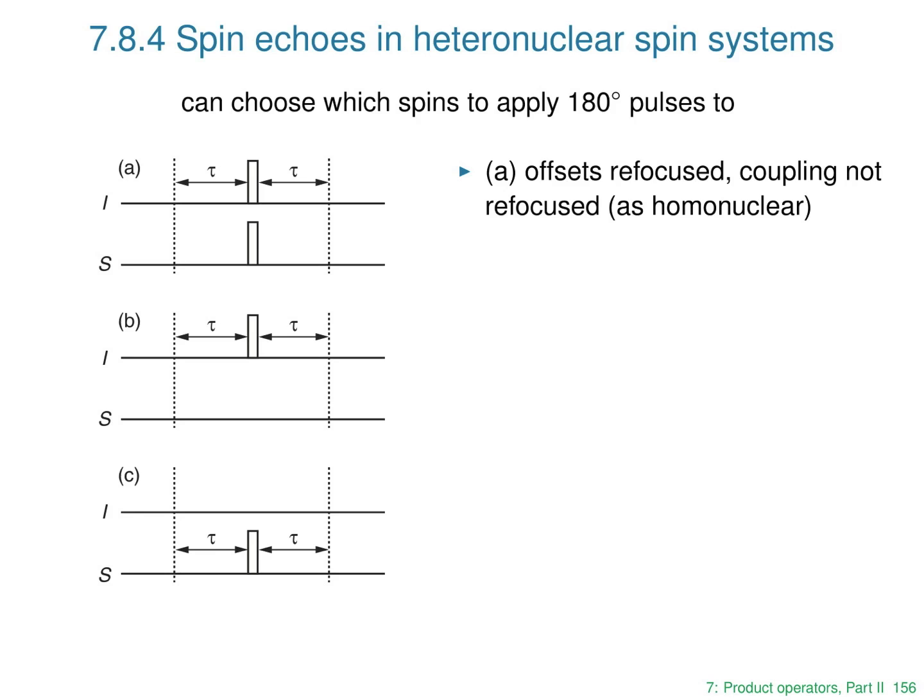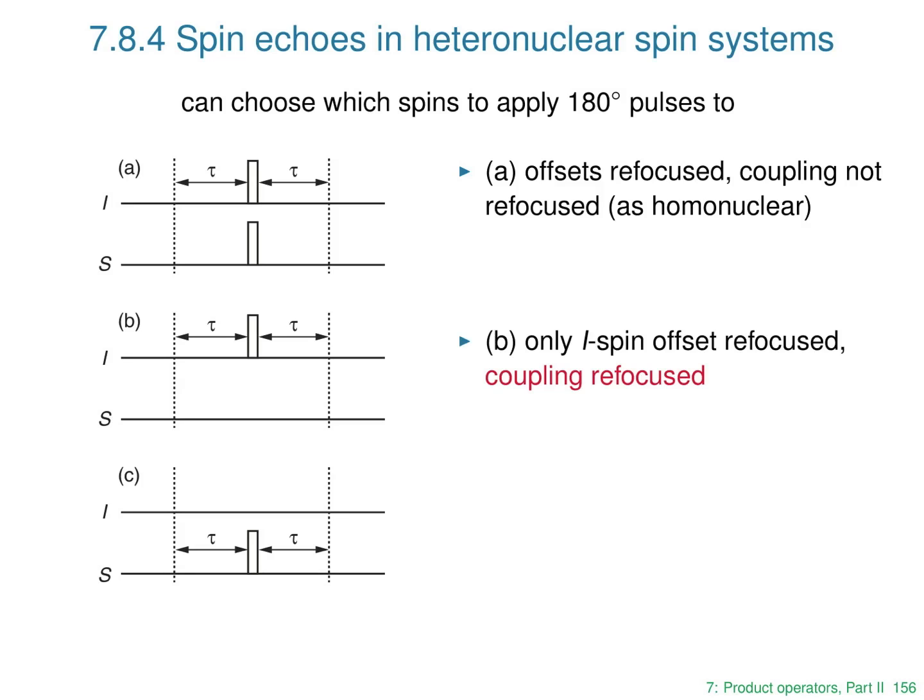And in A, both of the spins experience pulses. So in fact, it's exactly the same thing as the homonuclear system, so we don't need to worry anymore about that. The offset will be refocused, and the coupling is not refocused.